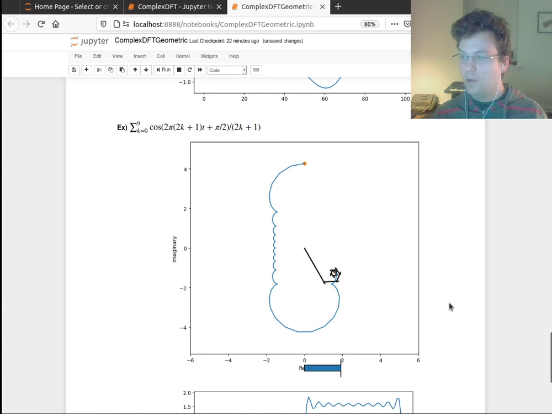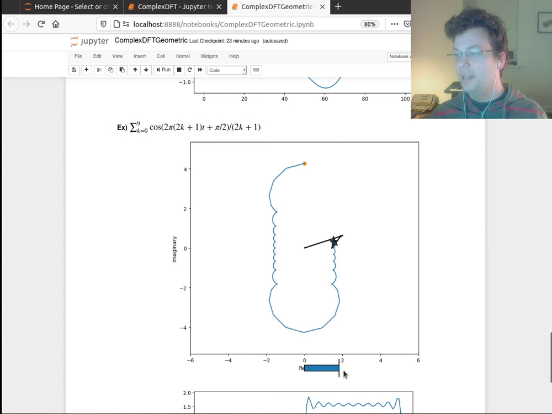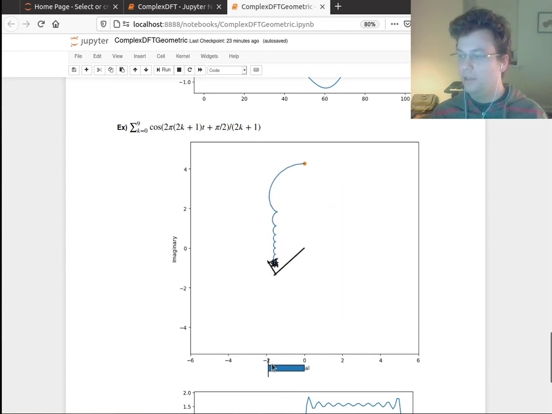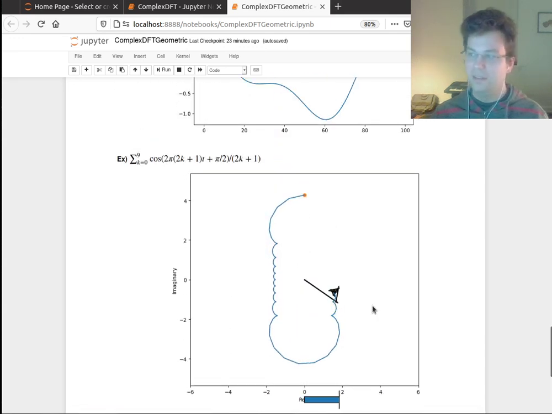So this is a square wave represented as a phasor, all these phasors added onto each other. And you can see it kind of hovers there, and then it goes back, and then it goes back again. It's not perfect, but it does kind of stick around here, and then goes back there, and then goes back again. So when I look at the projection, I get this. So that's a square wave.